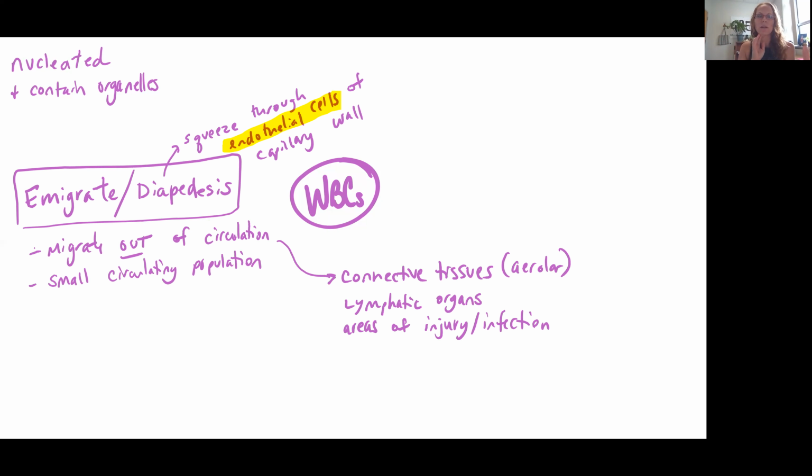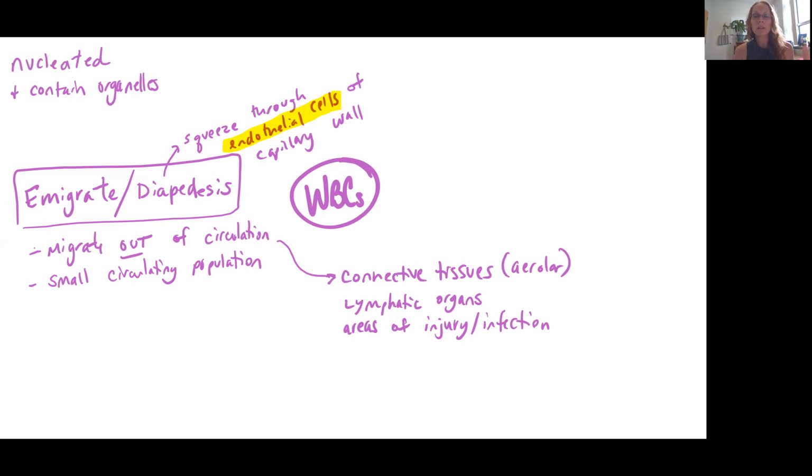Okay, so we can also describe this as diapedesis. Diapedesis is talking about this ability of the white blood cell to actually squeeze itself out of the capillary. So it can fit through what are called the endothelial cells. The endothelial cells are the cells of the capillary wall. And then those white blood cells can actually get in there and squeeze in between and exit circulation.